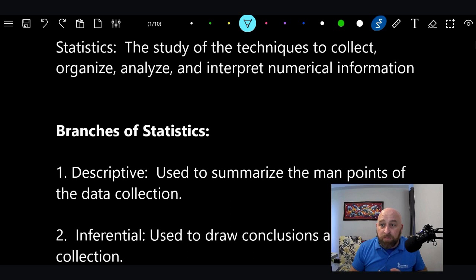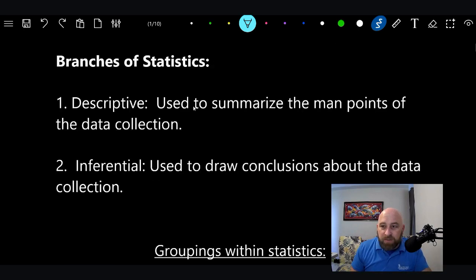It's any type of numbers that come to you. And statistics is a way to collect those, to organize them, to analyze them, and then to interpret them. So that's what we're going to be learning here in this chapter, different ways to accomplish this purpose.